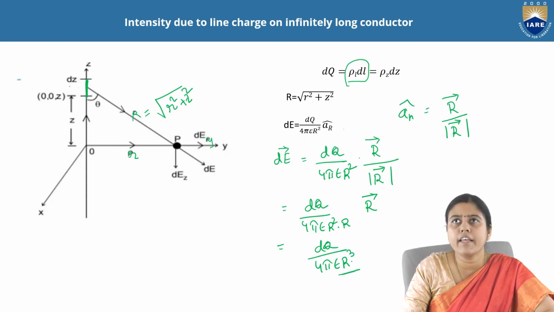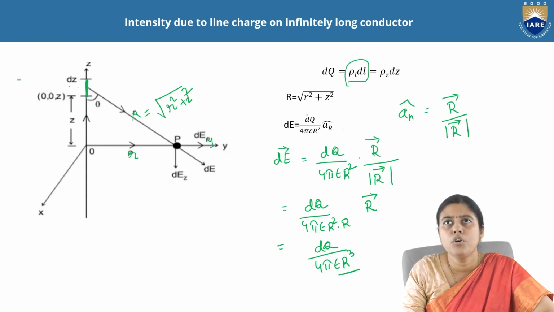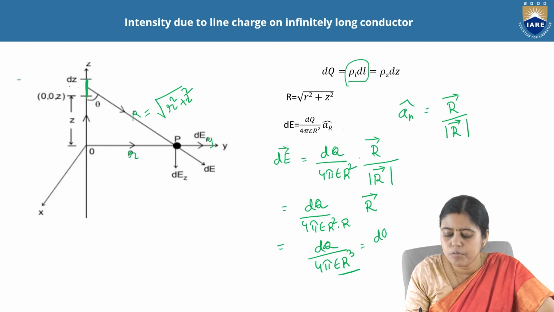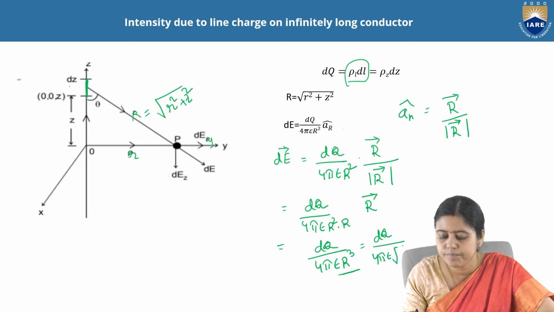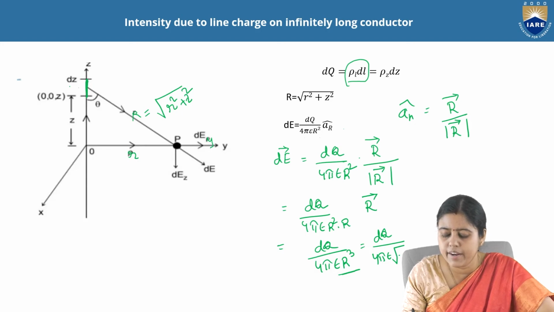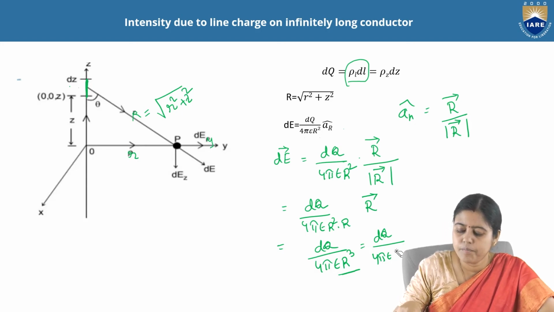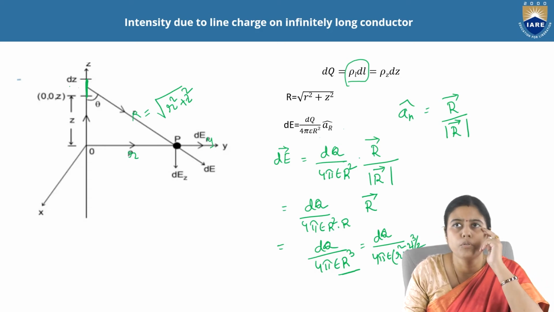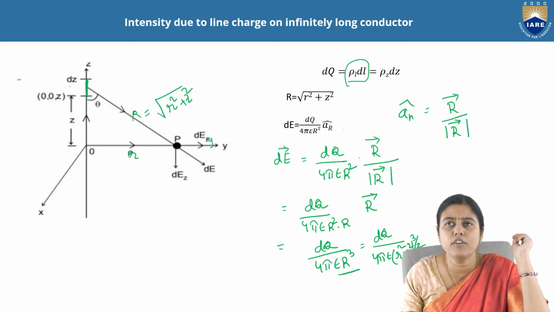Now what is R cube? R is equal to root of r squared plus z squared. So dE is equal to dq by 4 pi epsilon into (r squared plus z squared) to the power 3 by 2.